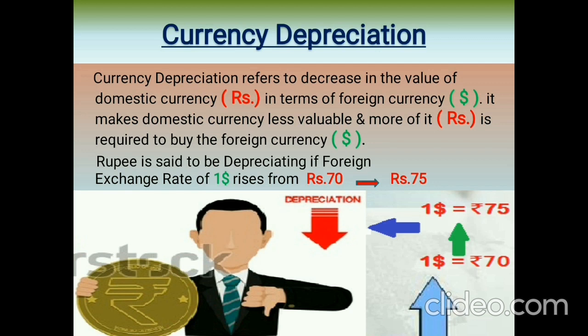It means if the exchange rate of 1 USD increases from rupees 70 to 75, it leads to depreciation of the domestic currency. We should note that an increase in the rate of exchange of foreign exchange will lead to depreciation of domestic currency. So we can find this relationship from this concept.